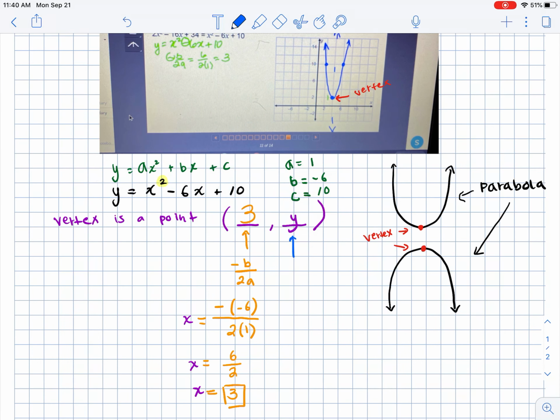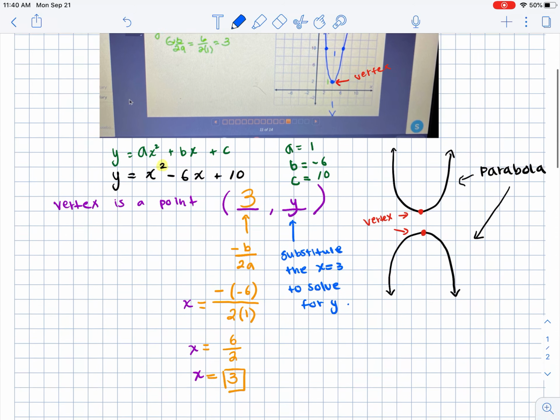So to find y, we're going to substitute x equals 3 to solve for y.